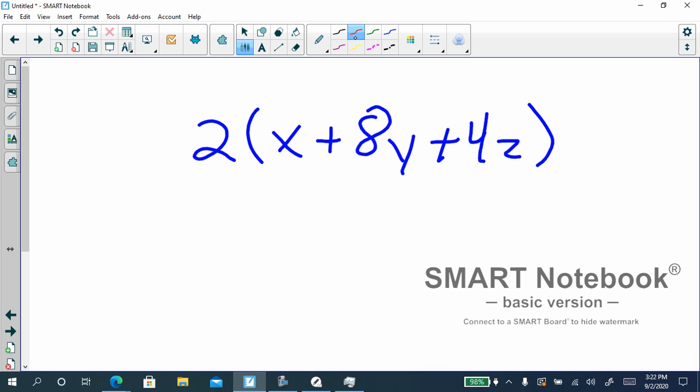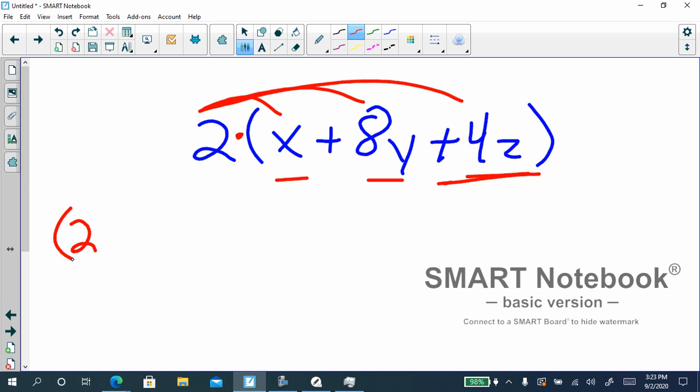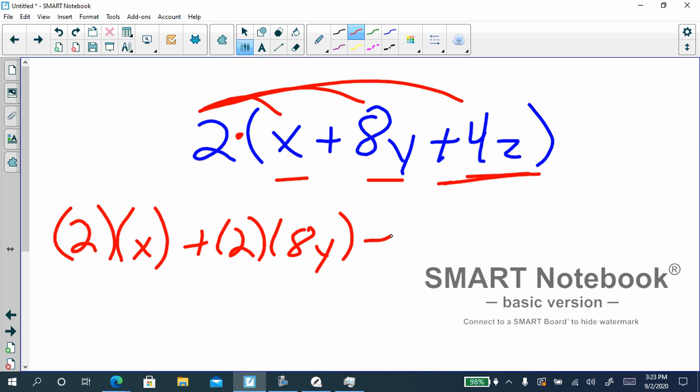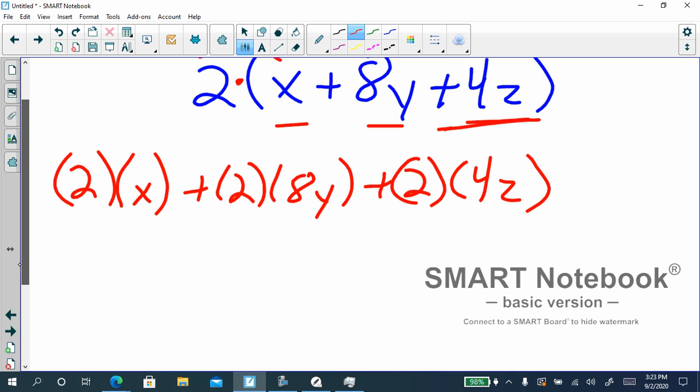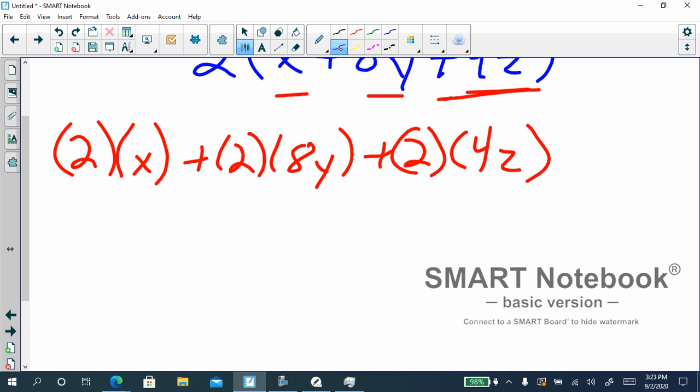Here we have 3 terms on the inside. 3 things being added. The 2 out front is being multiplied times it. So we distribute the 2 times each of those. 2 times x plus 2 times 8y plus 2 times 4z. So 2 times each term. So 2 times x, we can call 2x.